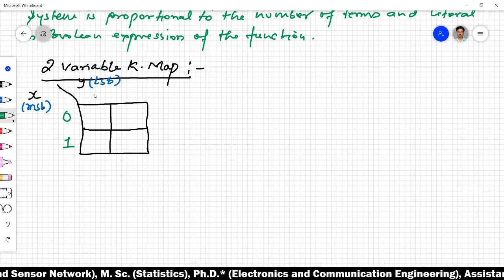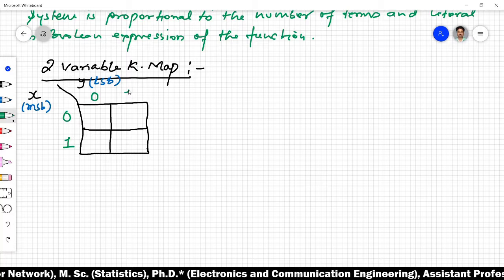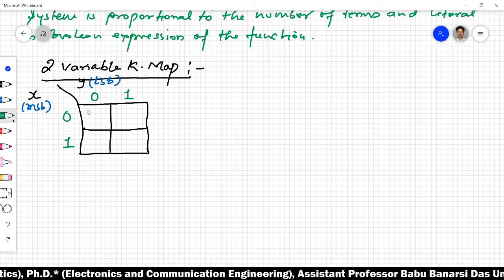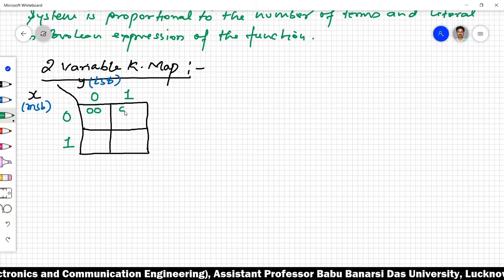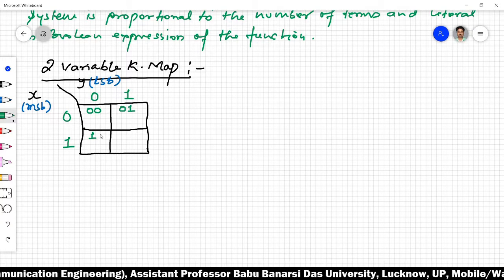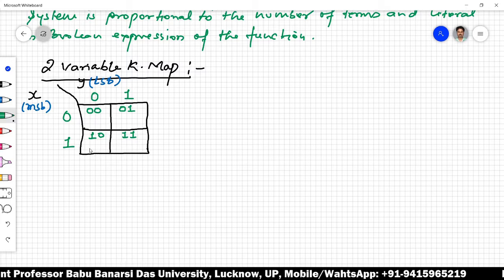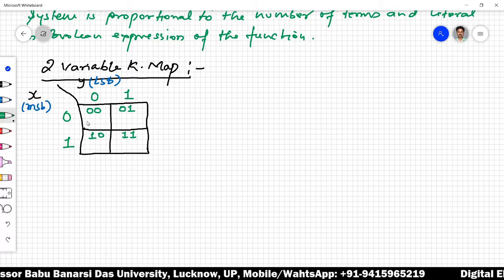Similarly y also has two values, 0 and 1, and together x and y we will have the values 0 0, 0 1, 1 0 and 1 1. Okay, these are all the possible combinations with the two variables x and y.